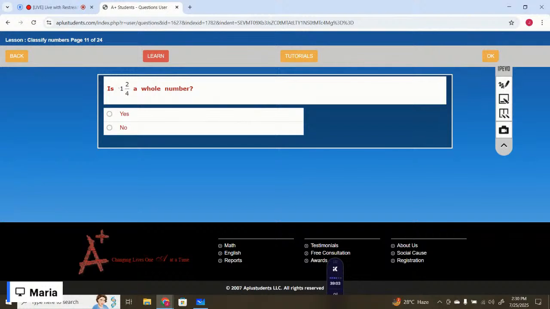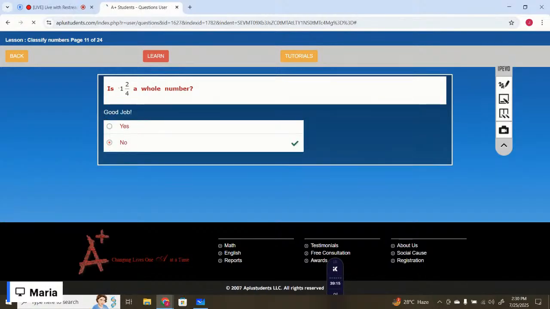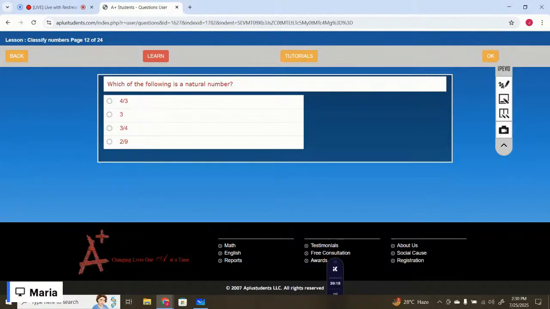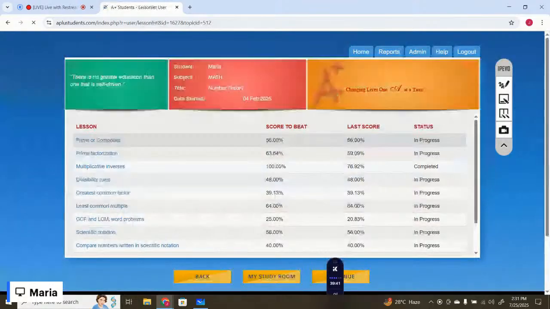Is -1 whole 2 by 4 a whole number? No, that is not a whole number. Which of the following is a natural number? Option number 2 is the correct option. Okay, you can complete the lesson by yourself later today.